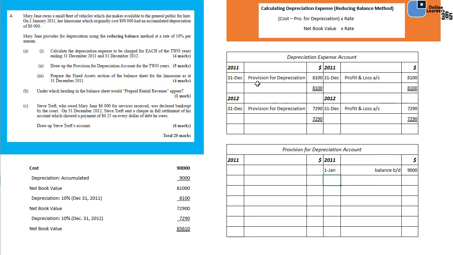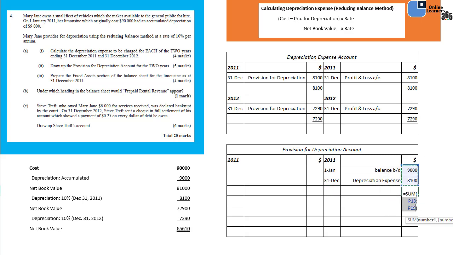Now, from the depreciation expense account, we saw that on the 31st of December, 8,100 was the amount for depreciation. So we put the credit entry here. 31st December, $8,100.